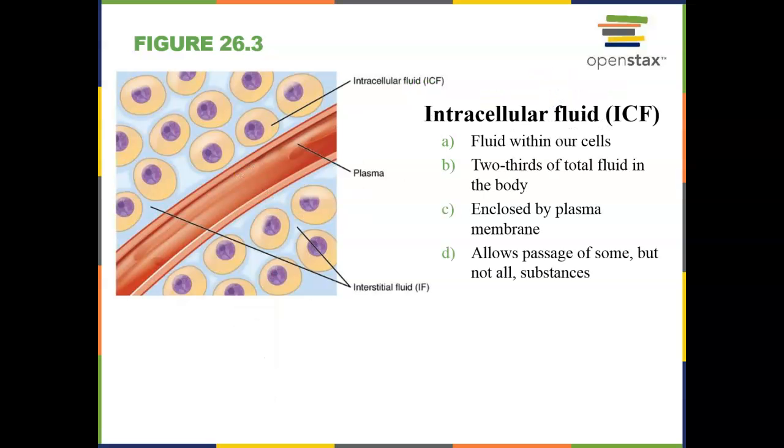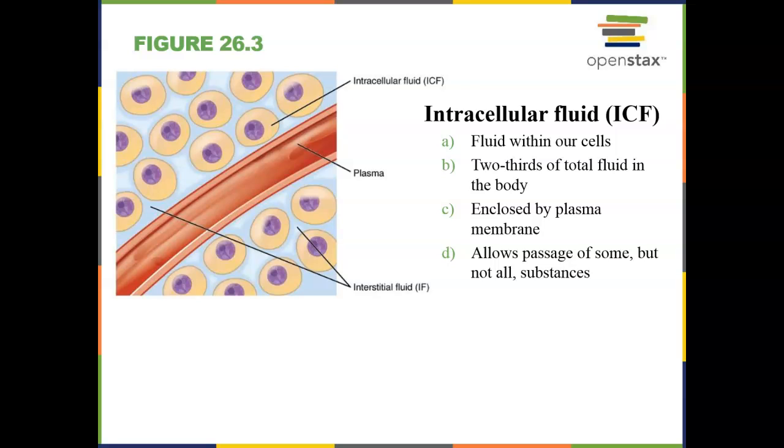So what are the types of fluids that we find in our body? I say water, but I shouldn't say just water, even though water does make up the majority of the fluid. When we talk about fluid, there's intracellular fluid, which accounts for the fluid that's found within our body cells.